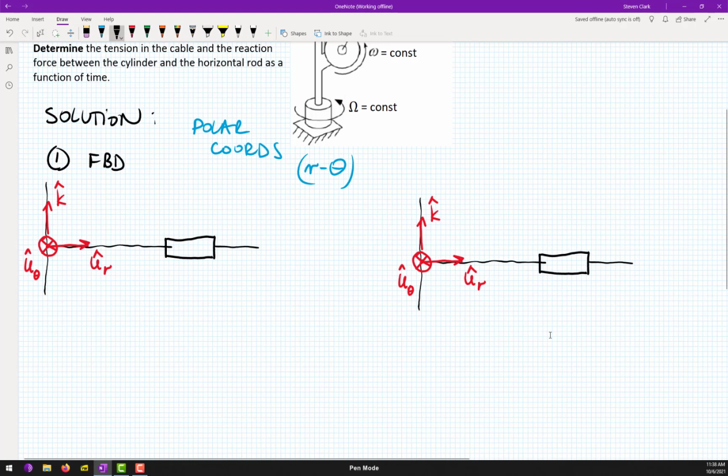I'm going to draw the most obvious force here, and you guys are going to tell me the rest. Mg is acting on our thing. There are two other forces that act on our thing. What are they? Tension in the cable, perfect. Tension. And there's one more.